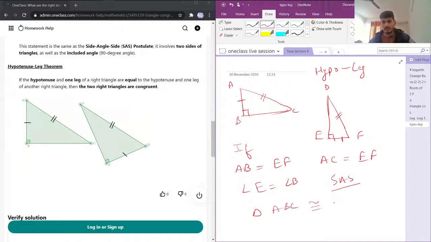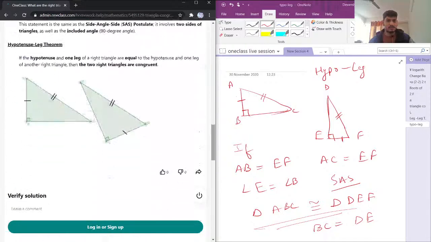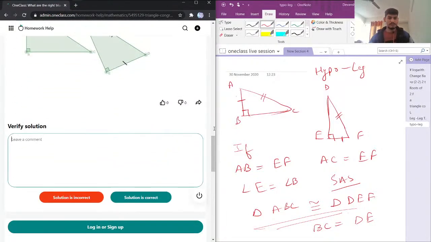Triangle ABC is congruent with triangle DEF. Hence my BC will be equal to DE. To prove the congruency between two triangles, the solution is correct.